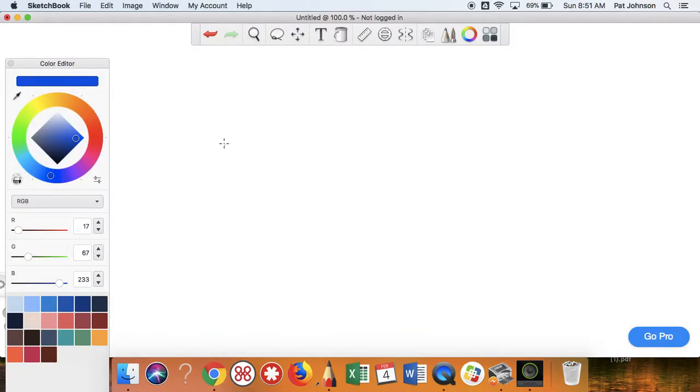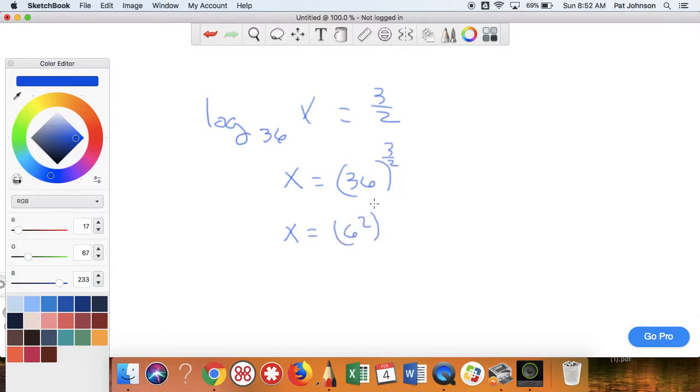So the example says solve log base 36 of x equal 3/2. Well, without a calculator, it's kind of hard to solve this. Or we can say x equal 36 raised to the 3/2. Okay, well, we have exponent rules. We know that 36 is 6 squared, raised to the 3/2.